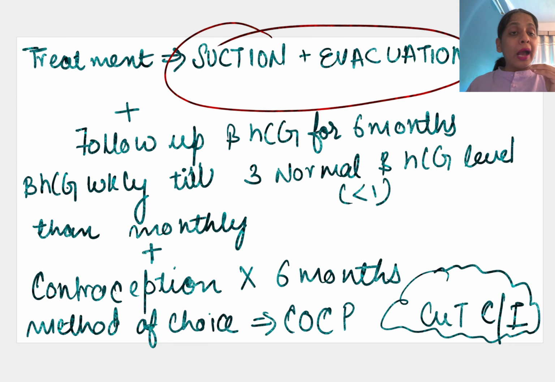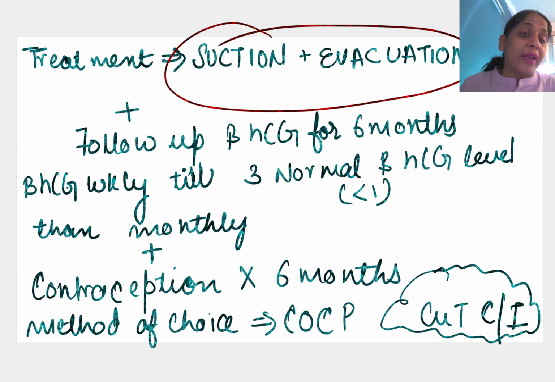I have seen cases getting complicated with bleeding. In molar pregnancy the patient gets complicated due to bleeding, and I think I have seen two cases expired due to massive bleeding during the DNC, sorry, during the evacuation.